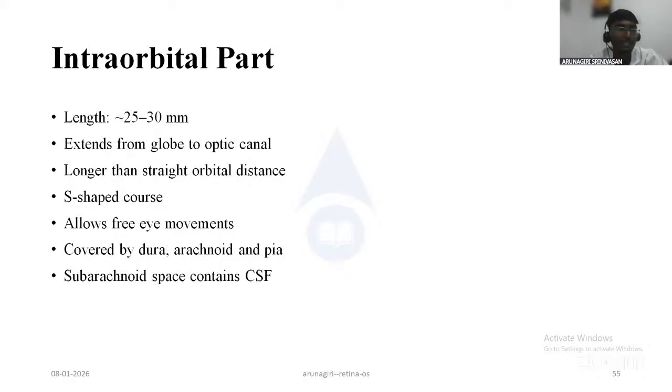Intraorbital part: its length is around 25 to 30 millimeters, extending from the globe to the optic canal, longer than the straight orbital distance. The S-shaped course allows free eye movements. It is covered by dura, arachnoid and pia. The subarachnoid space contains CSF.